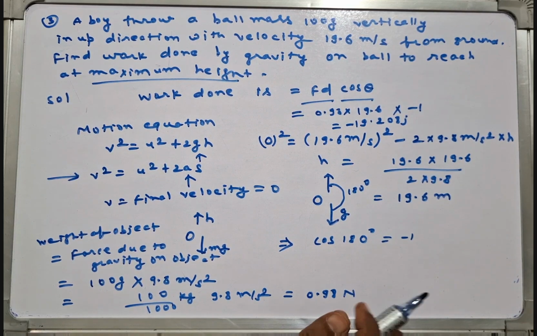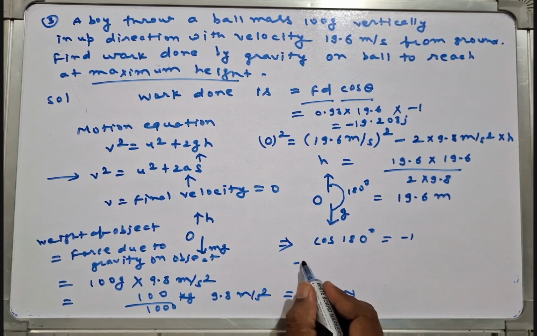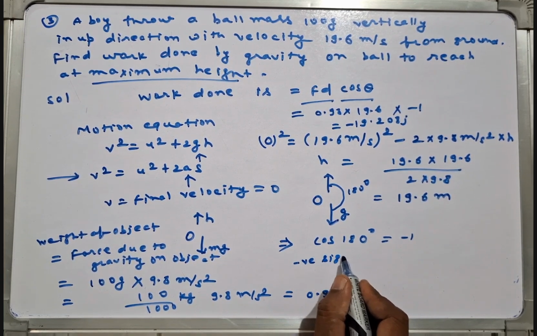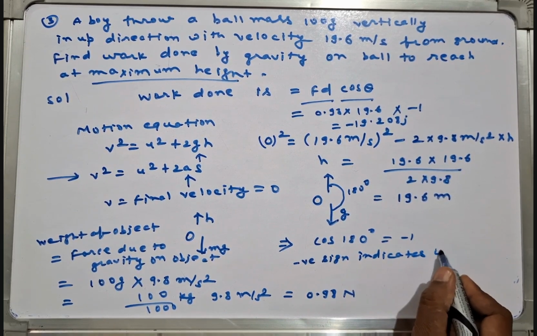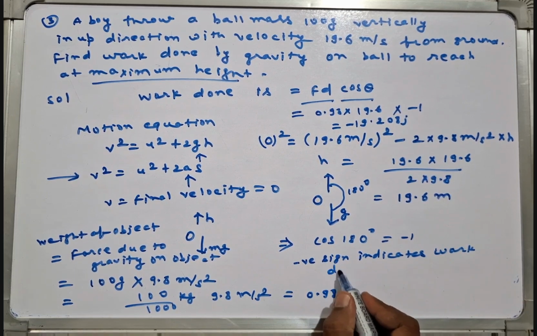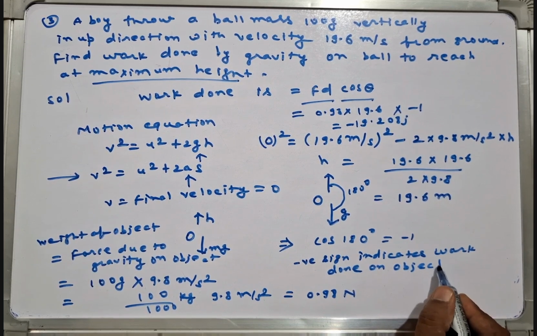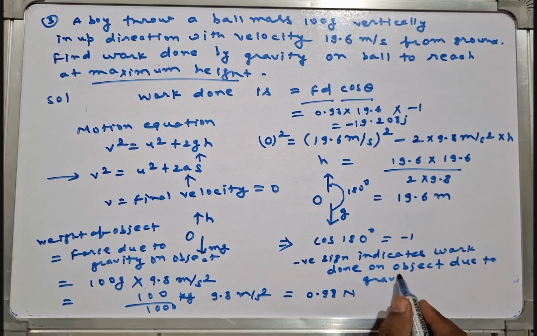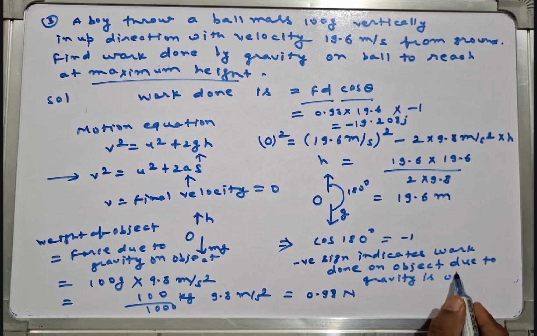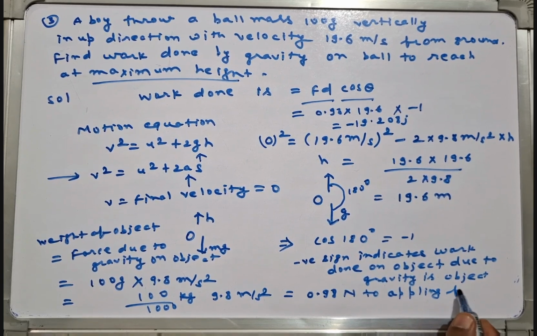So you can say, sir, what does the negative sign mean here? So the negative sign indicates the work done on the object due to gravity is opposite to the applying force.